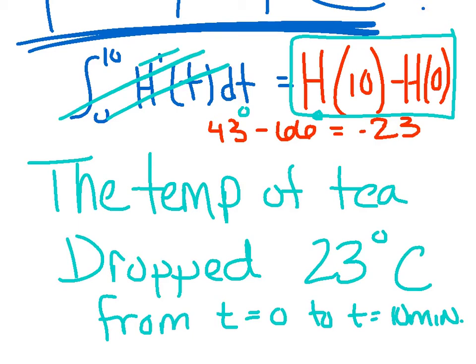Okay, and again, the reason I'm saying dropped, I just want to be clear, is because I got a negative value here, so I know the temperature went down, so the temperature of the tea dropped. Make sure you don't say it dropped a negative amount, then you kind of have that double negative going on.